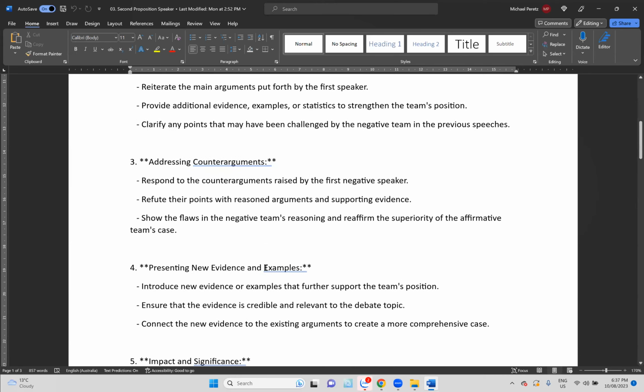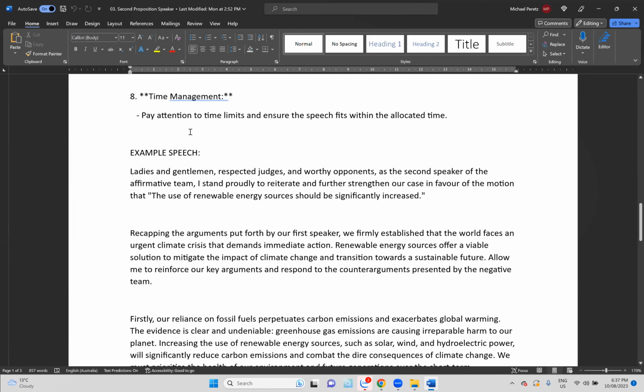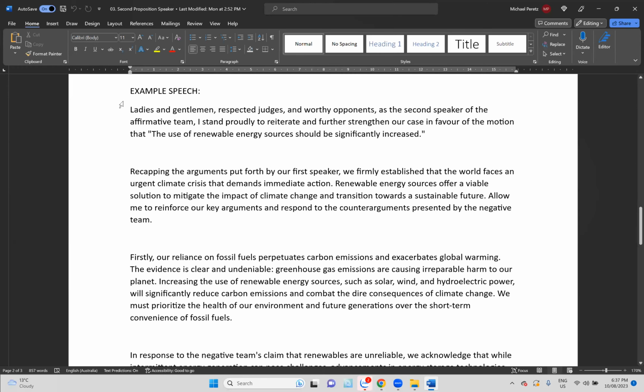So let's have a look here. So ladies and gentlemen, respected judges, worthy opponents, being respectful to everybody. As the second speaker of the affirmative team, I stand proudly to reiterate and further strengthen our case in favor of the motion that the use of renewable energy sources should be significantly increased.